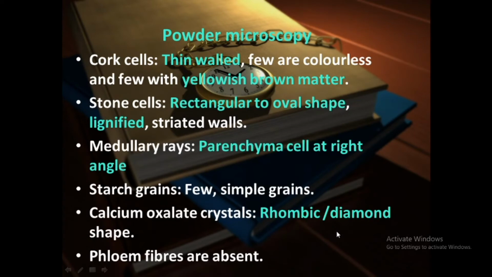Just see the powder microscopy of the Kurchi bark. So the Kurchi powder basically shows the presence of cork cells, which are thin walled. A few cork cells are colorless and a few contain yellowish brown matter, as we discussed in the transverse section. It also shows the second microscopic characteristic, that is stone cells.